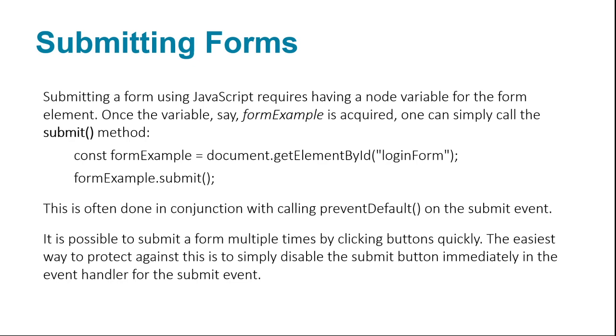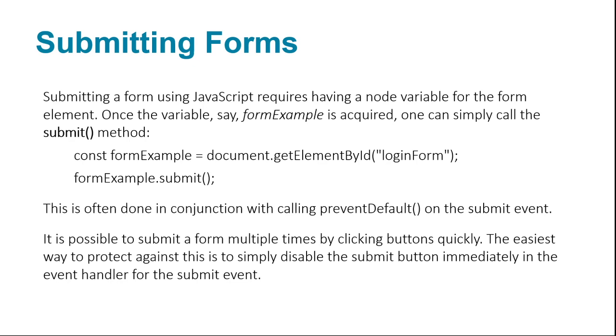Why you might do something like this, where you go in, grab it, and then submit it, versus just submitting it when somebody clicks it, is because, and I'm sure you've had this happen, sometimes people like to click the submit button multiple times because they don't think that anything is happening, and you don't want it to submit more than once.